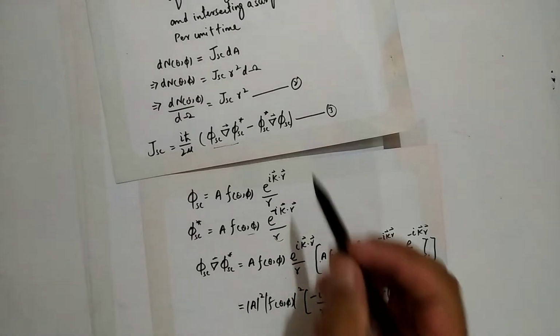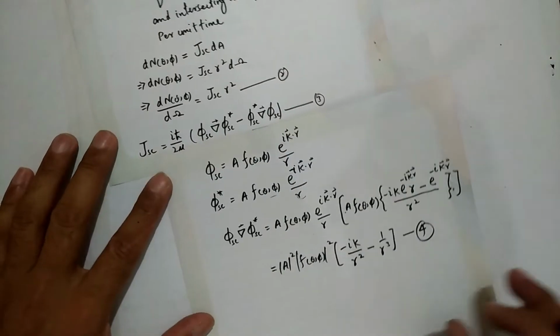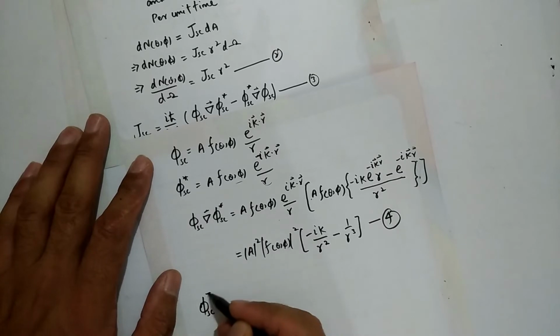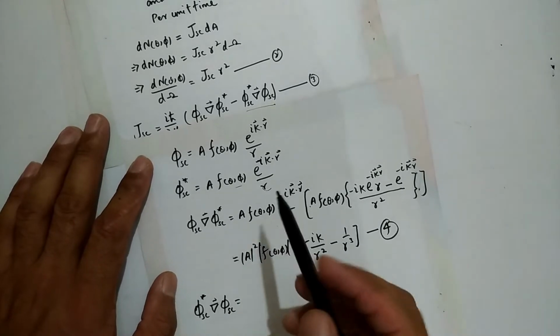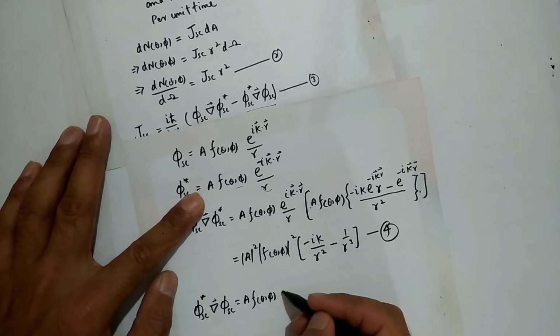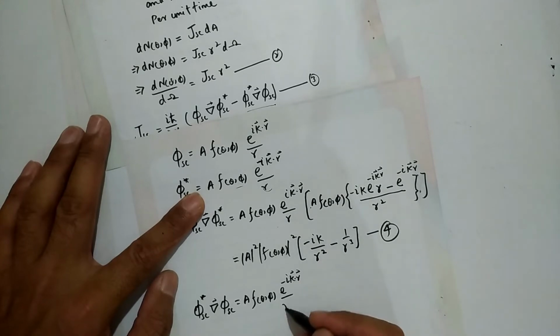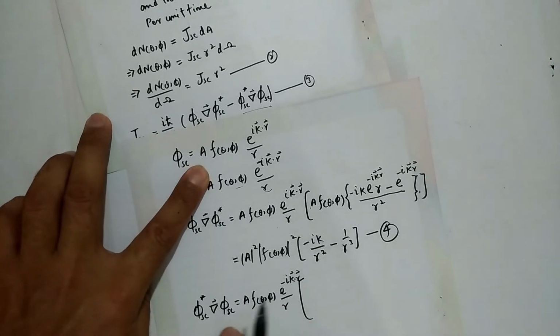Clear? Now the last term of equation number 3, which is the complex conjugate of the scattered wave times the gradient of the scattered wave. So the complex part is A into f of theta and phi exponential minus ikr divided by r, times the gradient of this one. Clear?